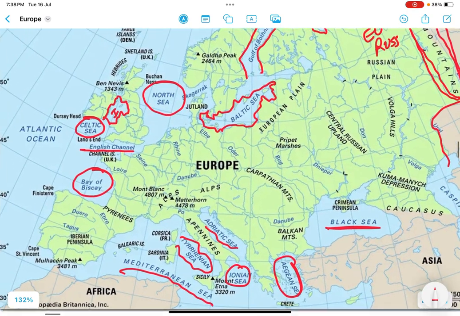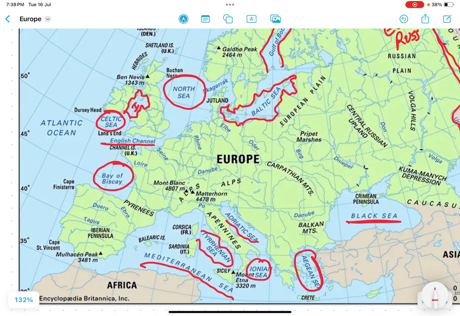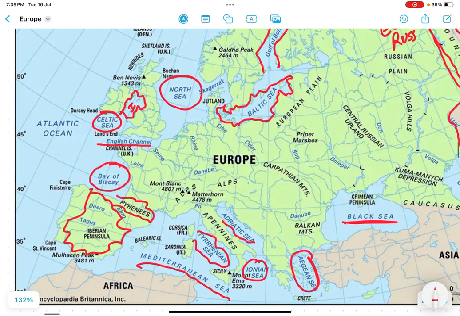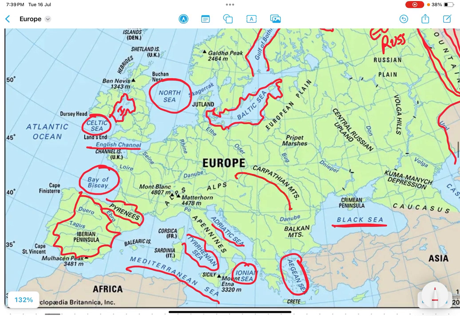So let's have a look at some other aspects. That is the Iberian Peninsula. So this region is called the Iberian Peninsula, right? Then this region is called Pyrenees. Then we have the Carpathian mountain ranges right here. Then these are the European plains, and these are the central uplands of Russia, right?